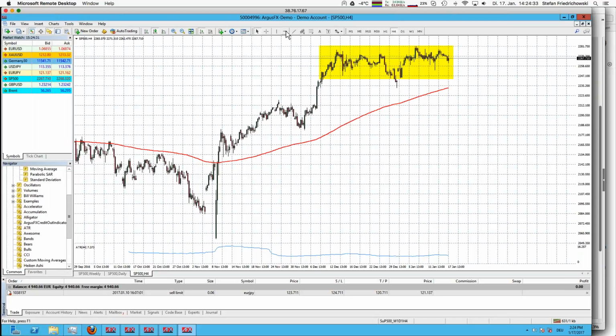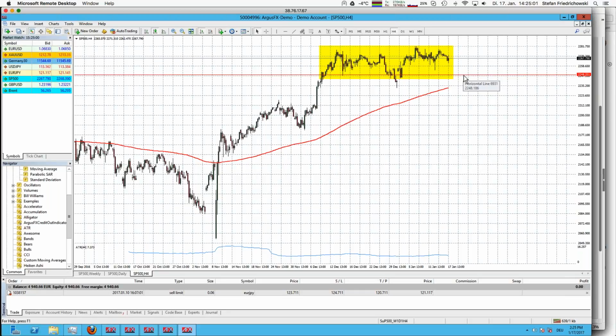So let me mark one line here, because that line, and I make a line simply still within the range, should indicate my potential price level to open a long trade.